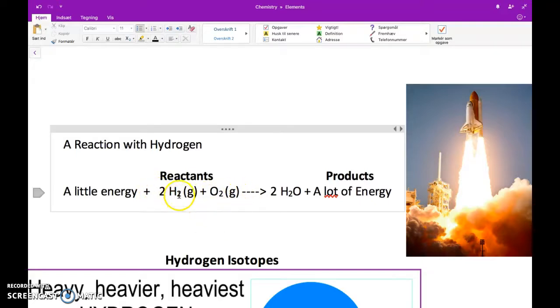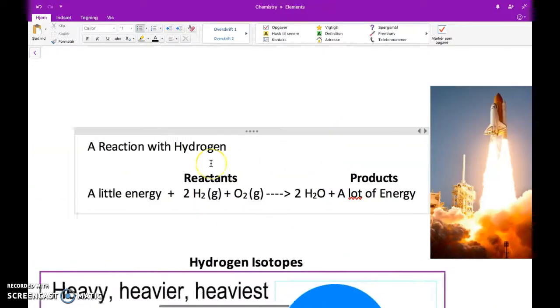And when you light it with a match, hydrogen reacts with oxygen and explodes, which gives water and a lot of energy, which are the products. And the reason that it explodes is because this reaction gives off heat. It gives heat when it reacts, and then it keeps becoming warmer very quickly, and therefore it is an explosion.